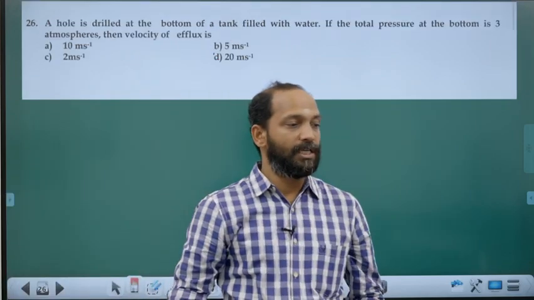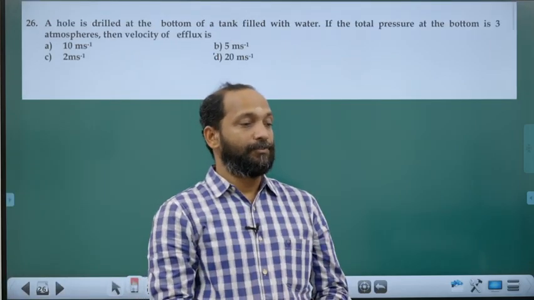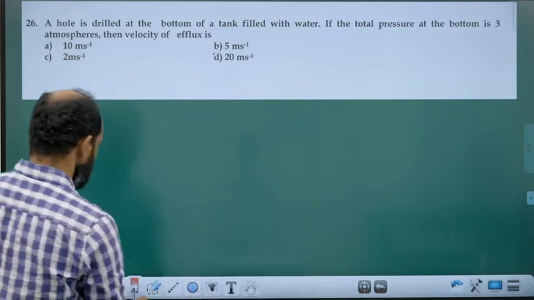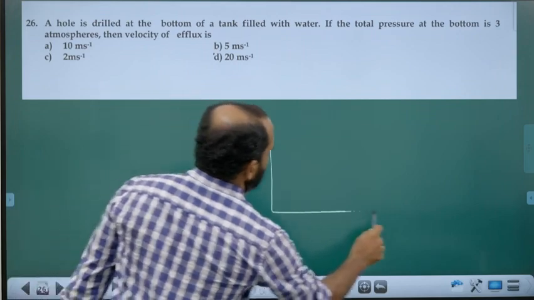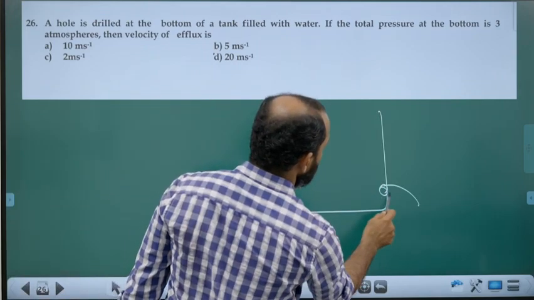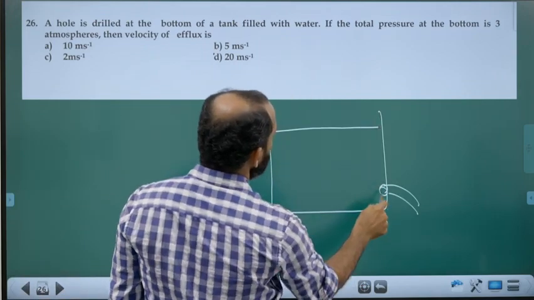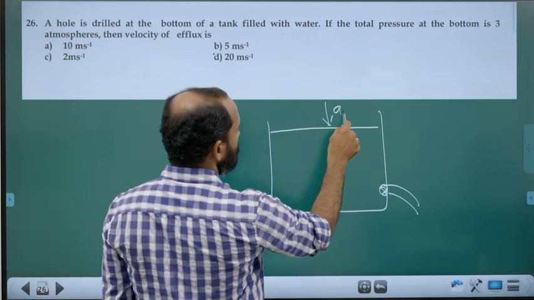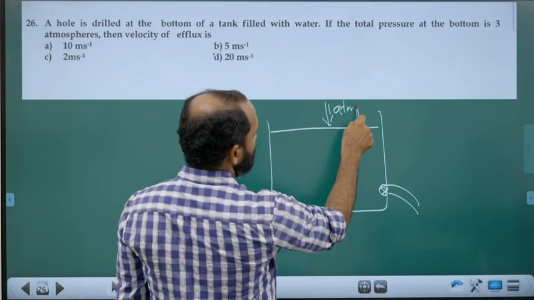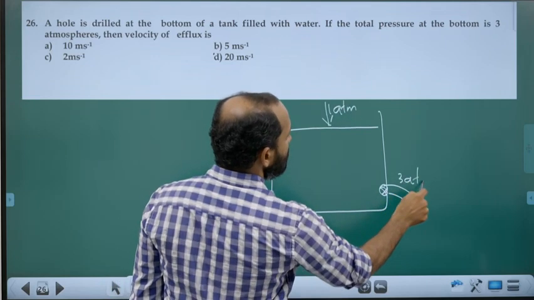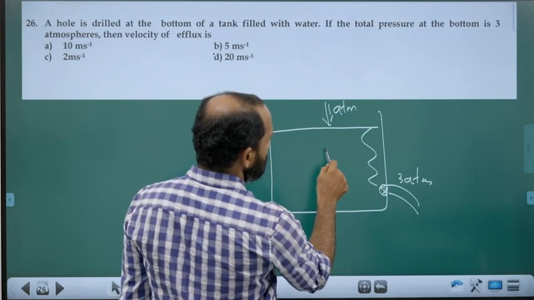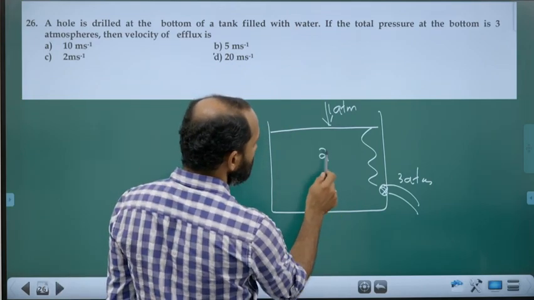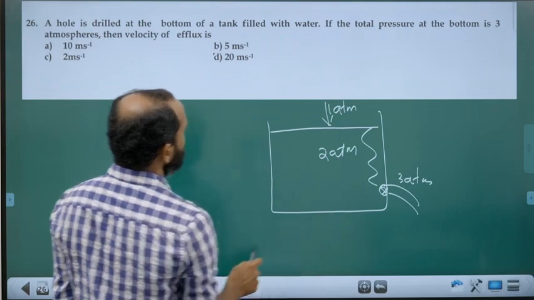26th one. A hole is drilled at the bottom of a tank of water. If the total pressure at the bottom is 3 atm, then find the speed of efflux. A hole is drilled here, so water comes out. Total pressure here is 3 atm, but don't forget the pressure exerted by the atmosphere, 1 atm is here. So 3 atm means the gauge pressure or excess pressure due to the water column is only 2 atm.